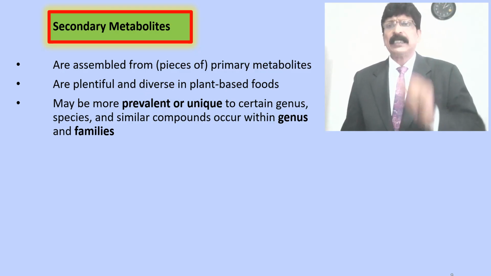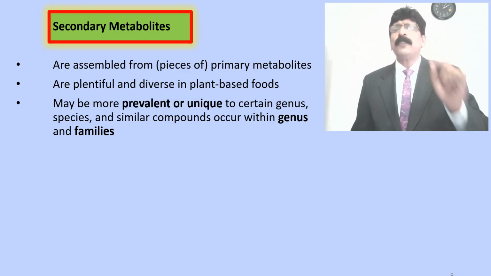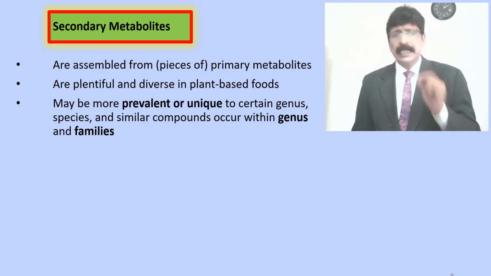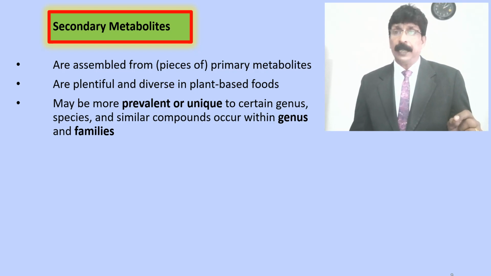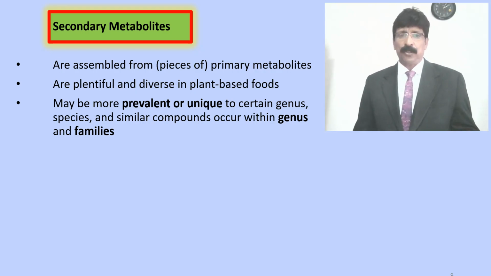For example, if you see the Solanaceae family, Datura's family, all of them will have tropane alkaloids. So genus, family, species: some groups will be unique, and similar compounds occur within a genus and maybe families also.